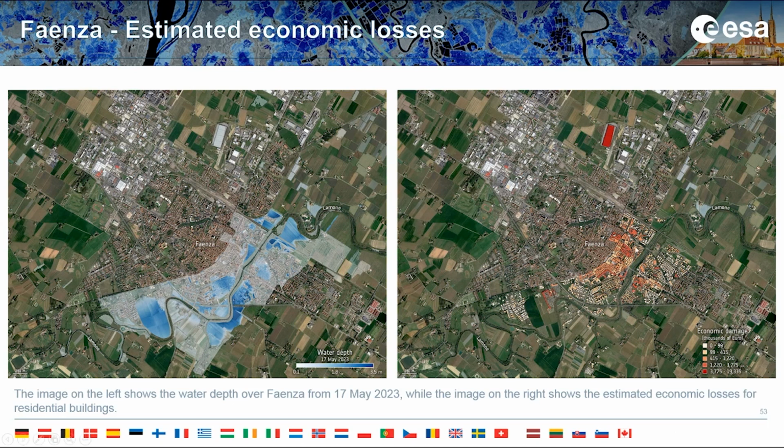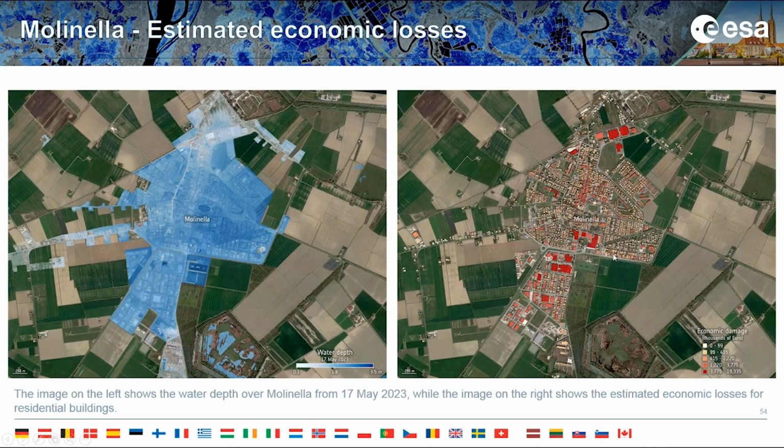So the one in red has been affected by the floods. The other municipality is Molinella, and this is the same as before, the water depth here on the left, and the estimated economic losses here.